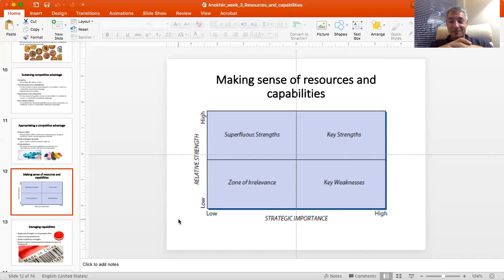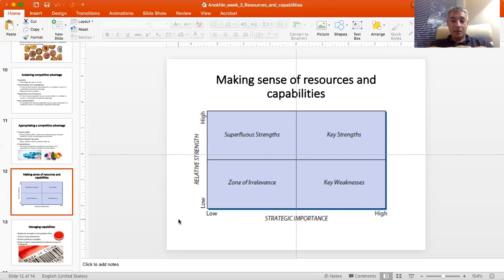So some capabilities that are of high importance to the firm, where we also have relative strength, would be identified as your key strengths. They are key because they are important, and they are strengths because, relatively speaking, you are better than your competitors. You may also have some key weaknesses.